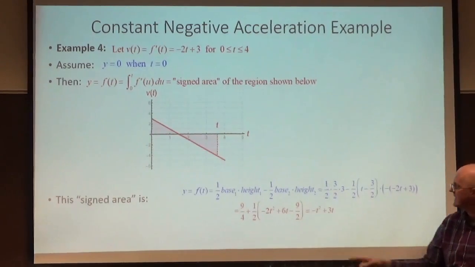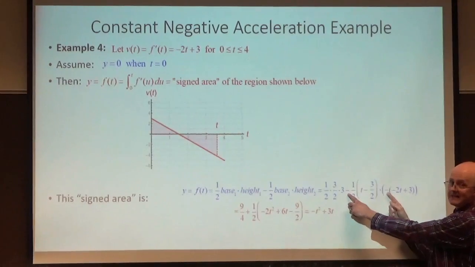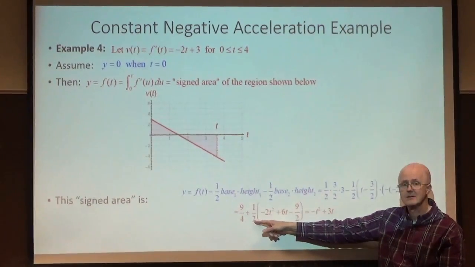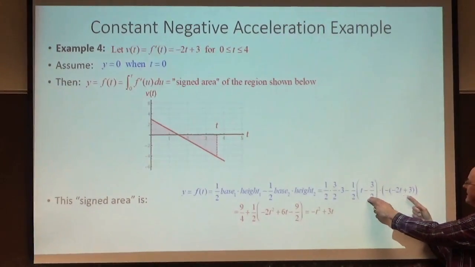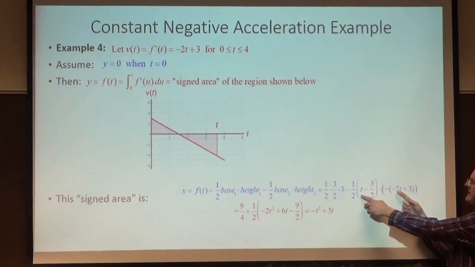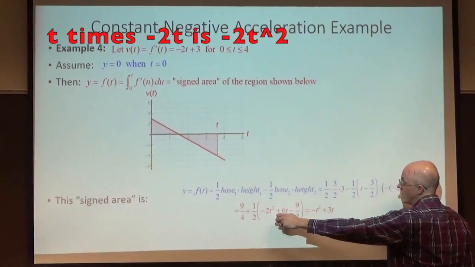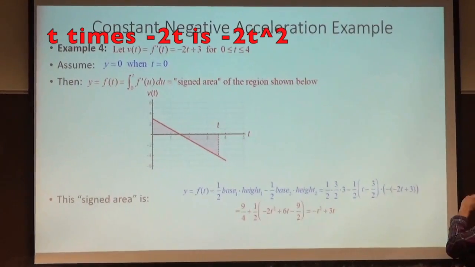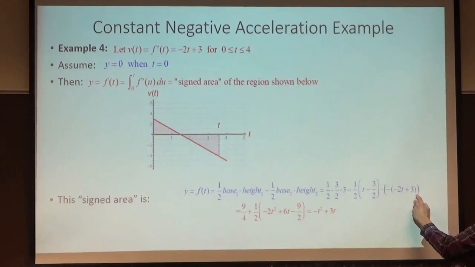And if you do that, okay, here's the plus sign that came from combining these two minus signs. The 1/2 I'm just leaving there. t minus 3/2 times negative 2t plus 3. t times negative 2t is negative 2t squared. Outside times outside is t times 3 is 3t.